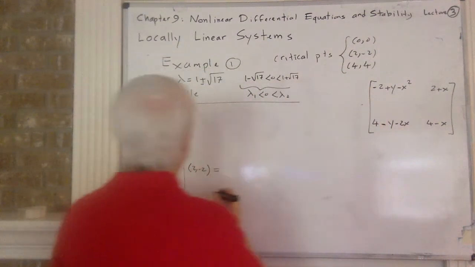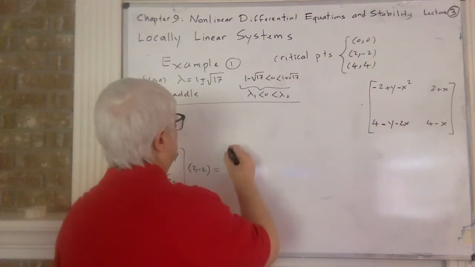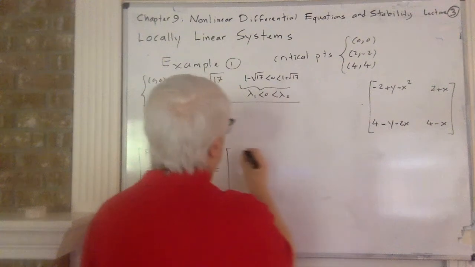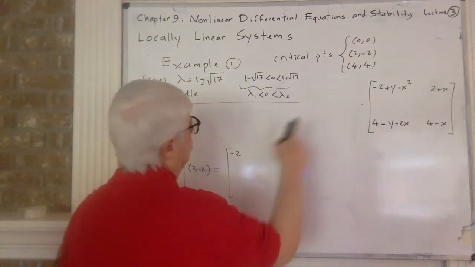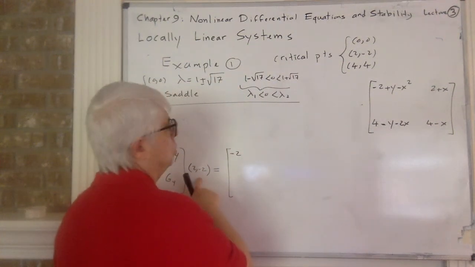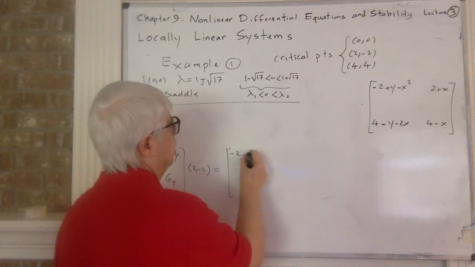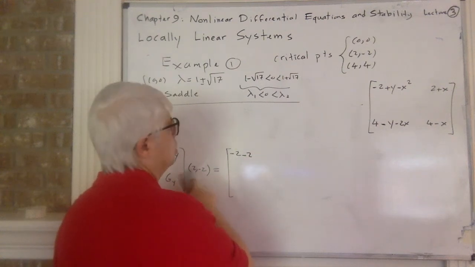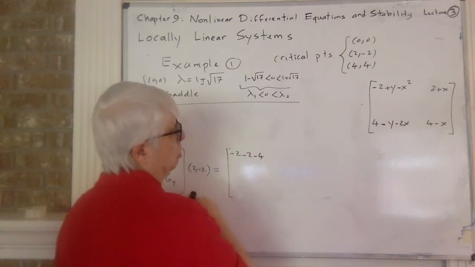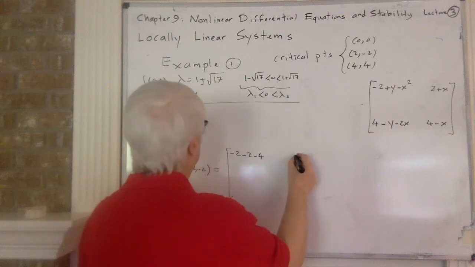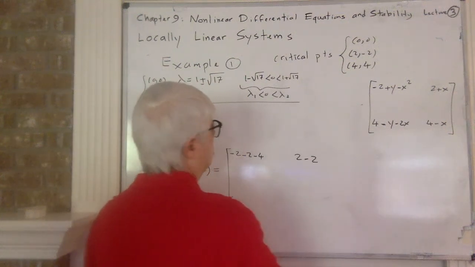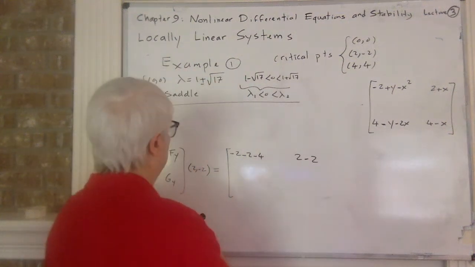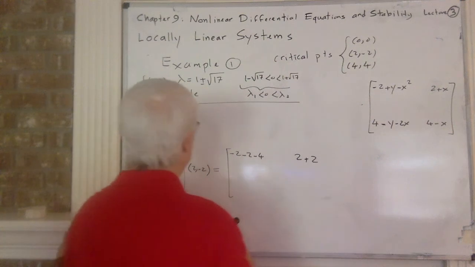I have x is minus 2, y is minus 2, so I have minus 2 again. X squared is minus 4. Then 2 plus x, that's 2 plus 2.